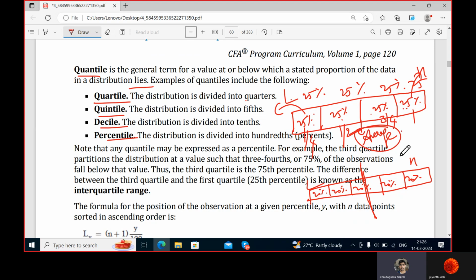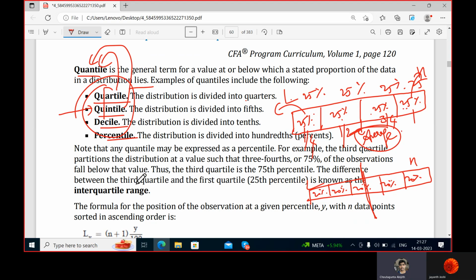Sorry to interrupt you. Quantile is something, these all are quantiles only. But this is specifically quintile. Quartile is a kind of quantile. Quintile is a kind of quantile. That's what. Now tell.